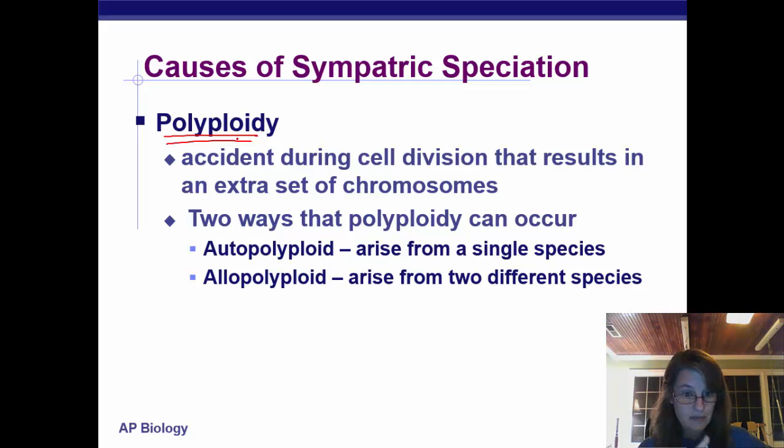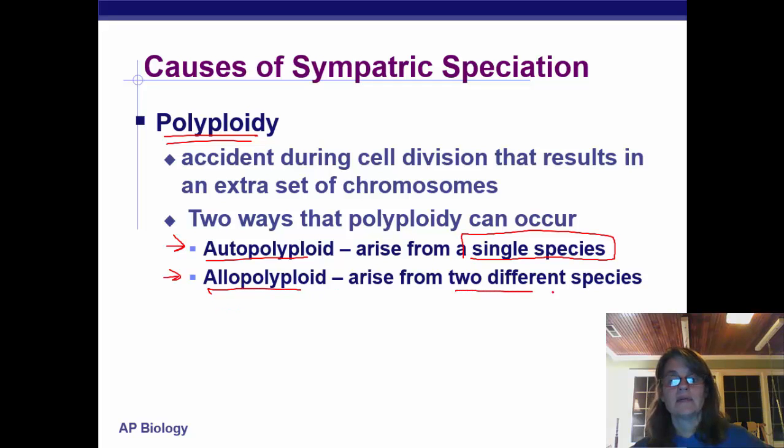There are two types of polyploidy that we'll talk about: autopolyploidy and allopolyploidy. The first one is polyploidy arising in one single species, whereas allopolyploidy has two species being involved.